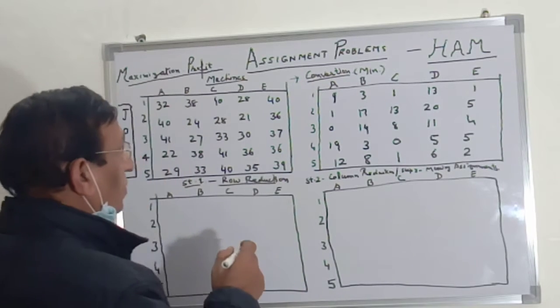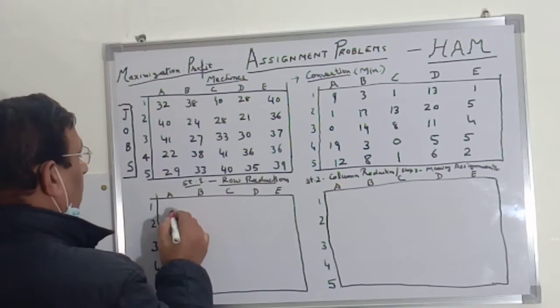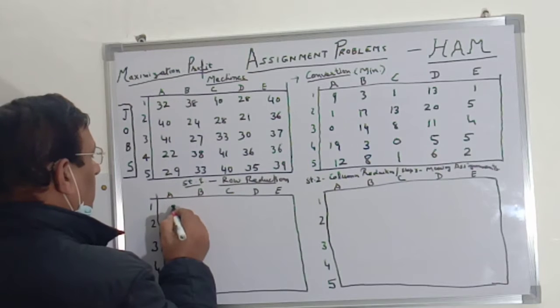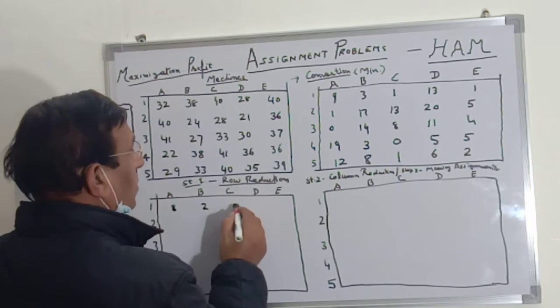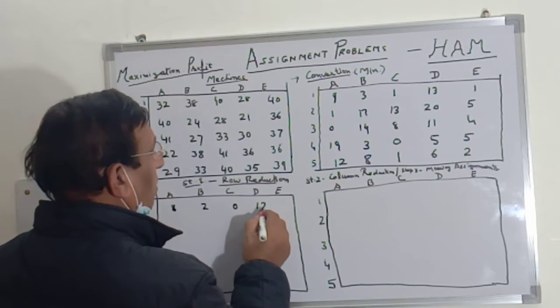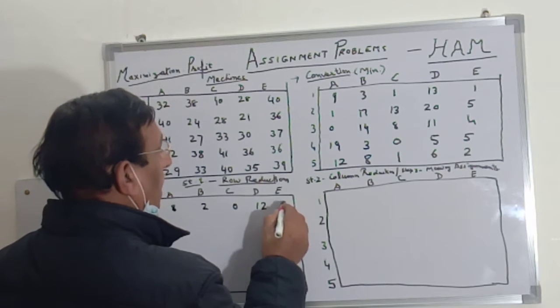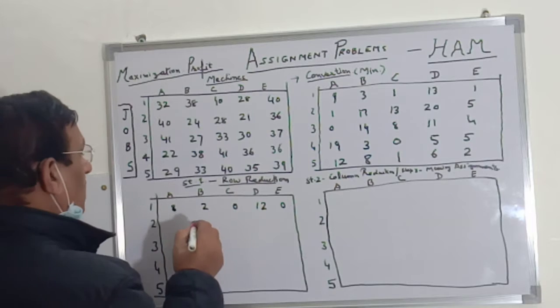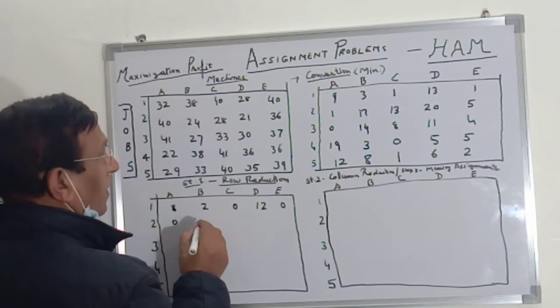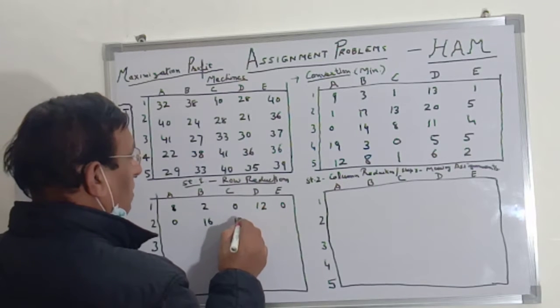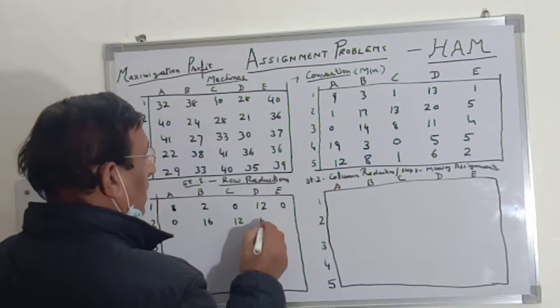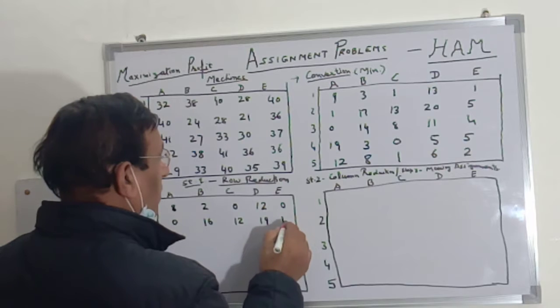First, taking the row reduction, 8, 1 is minimum, 2, 0, 12, again 0. Second row, again 1 is minimum, 0, 16, 12, 19, 4.